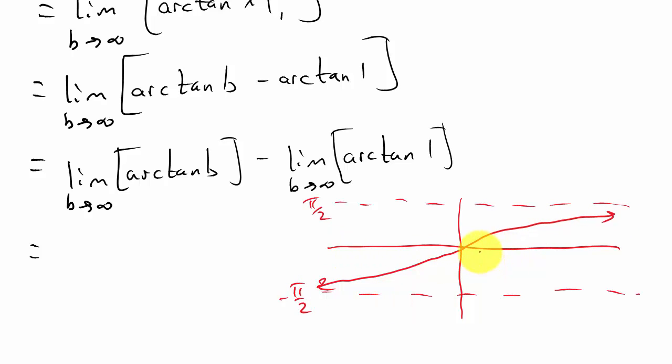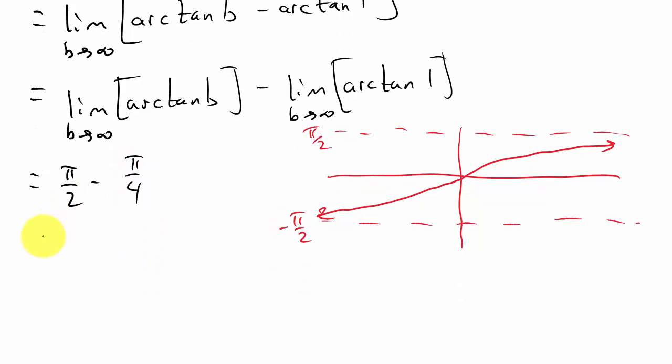So you can see as b is going to infinity, arc tan is approaching pi over 2. So this would be pi over 2 minus, and the arc tangent of 1 is pi over 4. And this is equal to pi over 4. So you can see that this approaches a number, so we would say that this series converges.